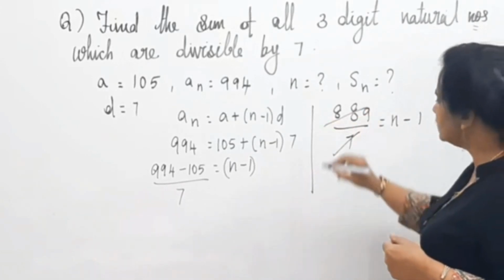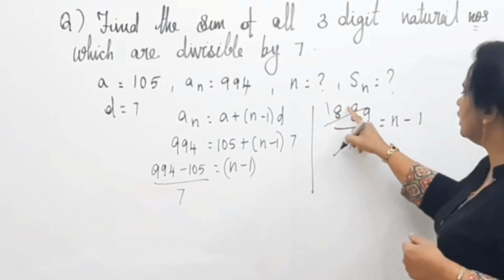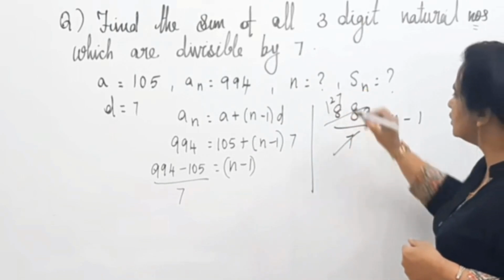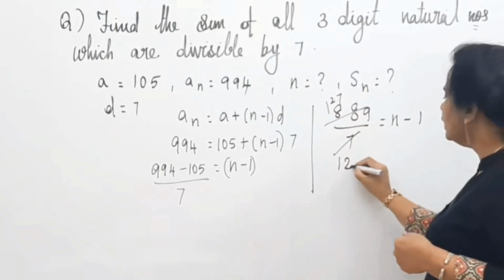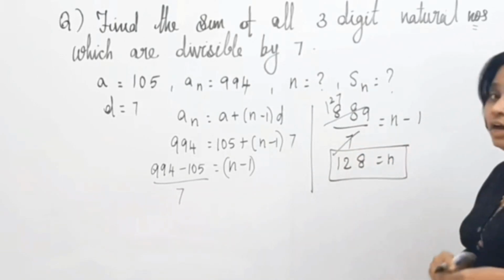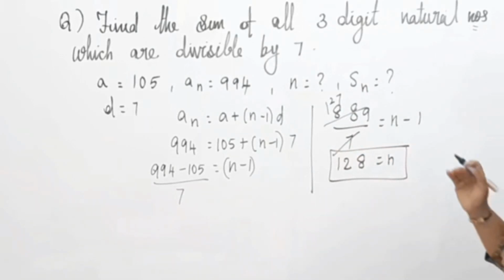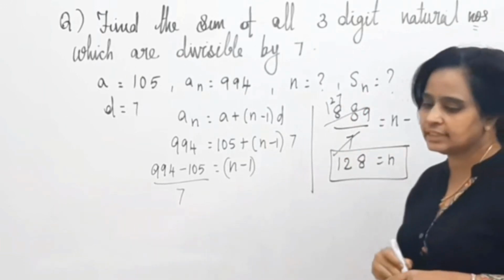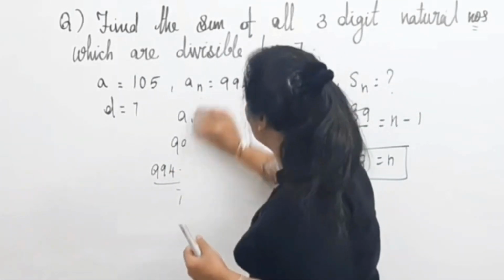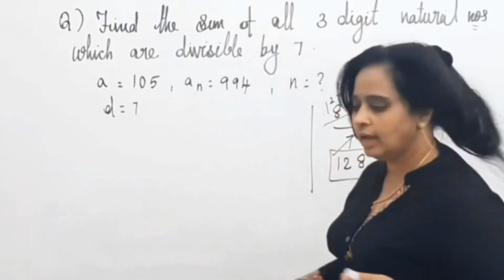Now I'm going to cancel this. 1 7s are 7, 1 2 7s are 14, and then 49, 7 7s are 49. So 128 is my n. So the number of terms are 128. Now I can easily find my Sn, where a is known and d is known and n is known.